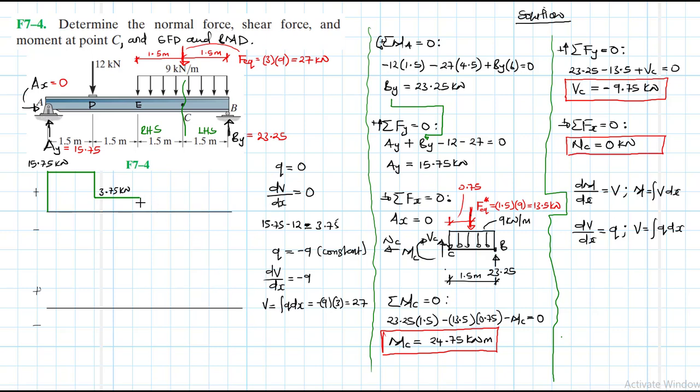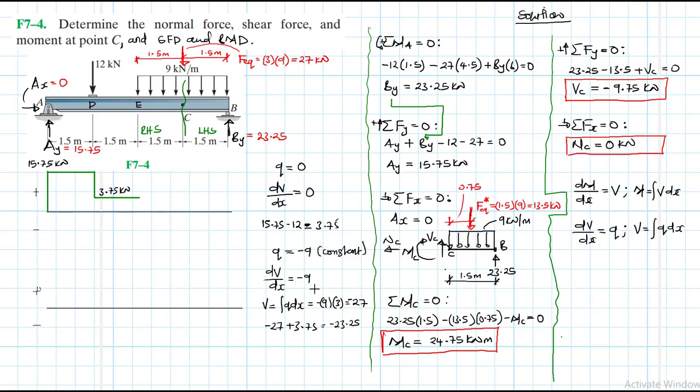So where we are starting from, we have 3.75, which is positive, and then we have a minus 27. So we have minus 27 plus 3.75. What do you get? Minus 23.25.